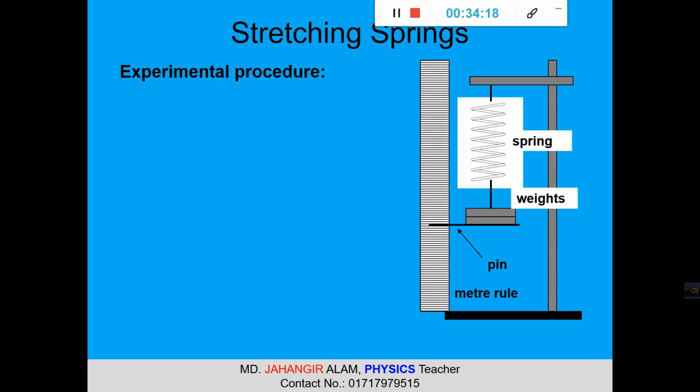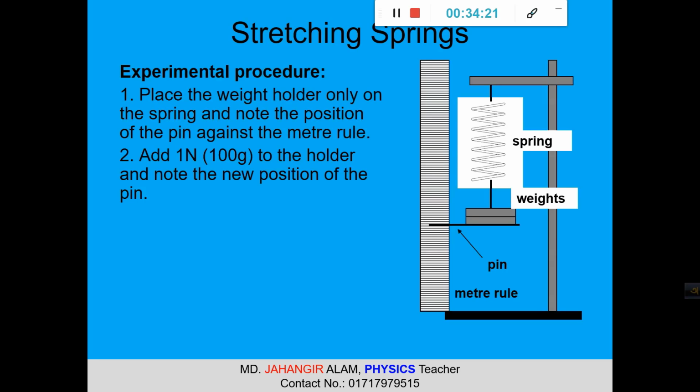Stretching spring experiment. Place the weight holder only on the spring and notice the position of the pin against the meter rule. This is the original length of the spring. Add 1 Newton or 100 gram to the holder and note the new position of the pin.